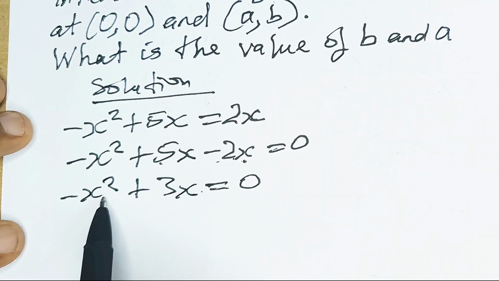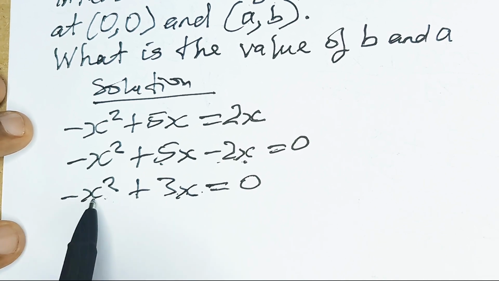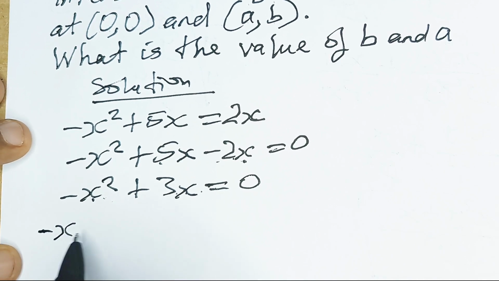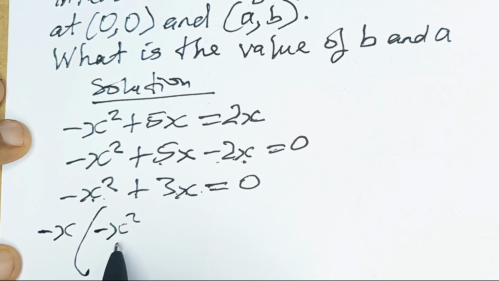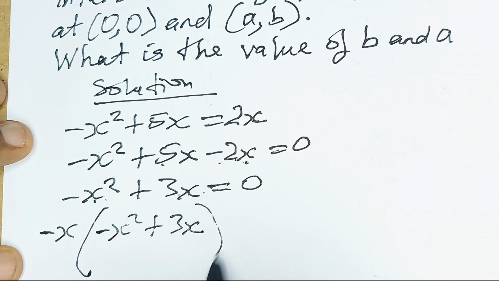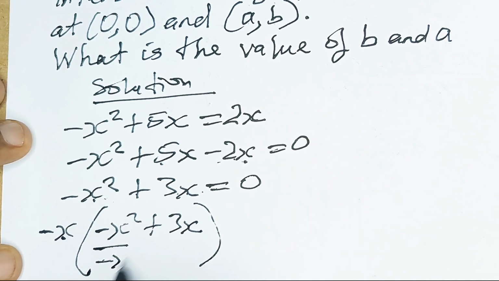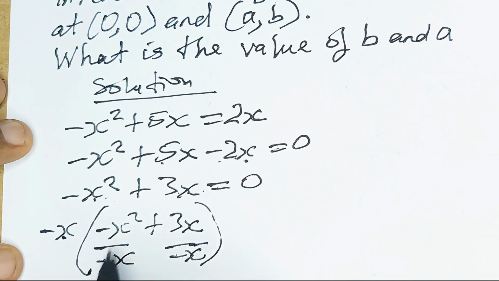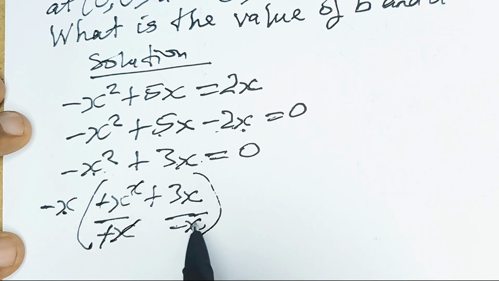To solve this, x is common in here and here. So what are we going to do now? This minus x can be the factor here. So we have minus x, open bracket, into minus x squared plus 3x. Now, since we have multiplied by minus x, we also have to divide by minus x, the rule of mathematics. So this cancels one of this x here, okay?